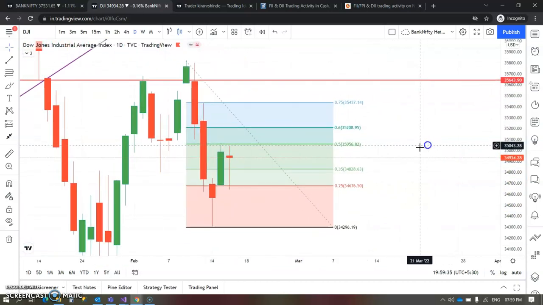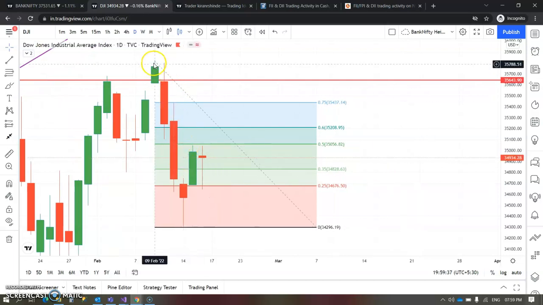Let me just zoom in. You can see I have dragged from the top to the bottom and the market has retraced 0.5. From there it fell to this particular level, 0.25. It took support and the market has crossed 0.35. So tomorrow there may be an upward movement as well if the market opens.